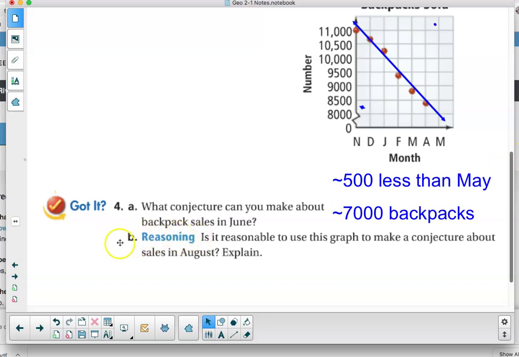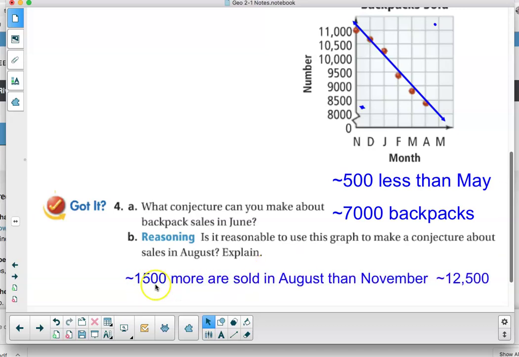Now look at B. Is it reasonable to use the graph to make a conjecture about sales in August? And explain. Go ahead and talk to your row partner, or make your own conjecture and we'll talk. Now, my thought about this one is that there will be 1,500 more sold in August than in November because they are ramping up for school.